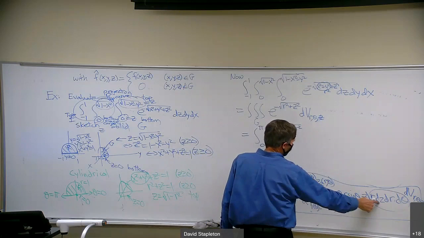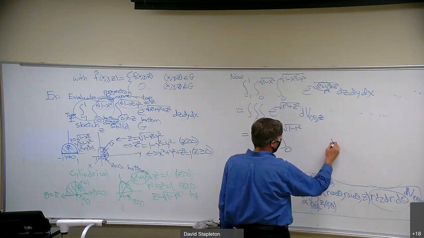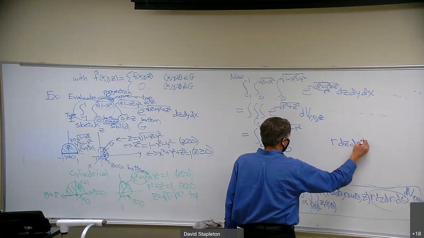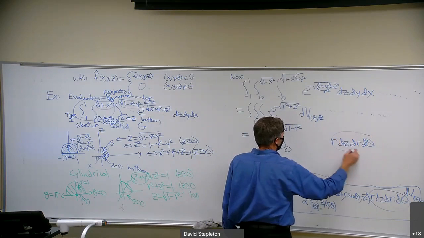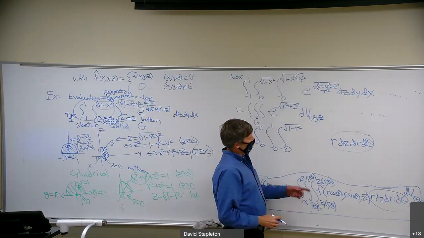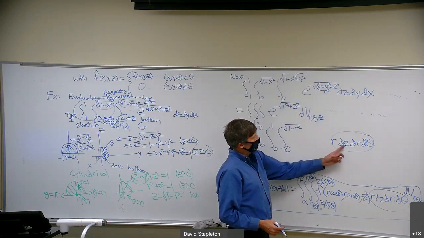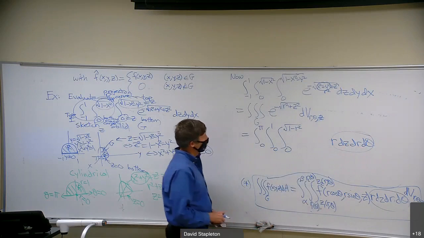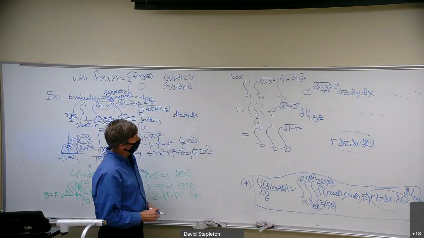And then the dv becomes r dz dr d theta, because this is the infinitesimal volume element. We just proved that it's not dz dr d theta, it's r dz dr d theta that is the volume element.